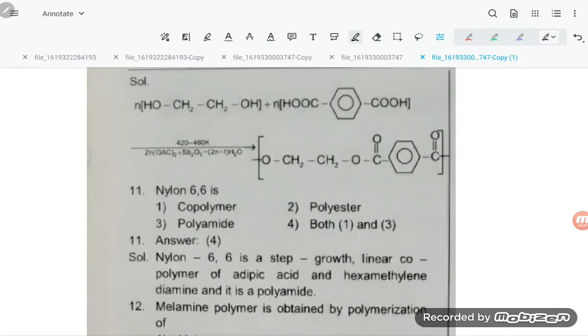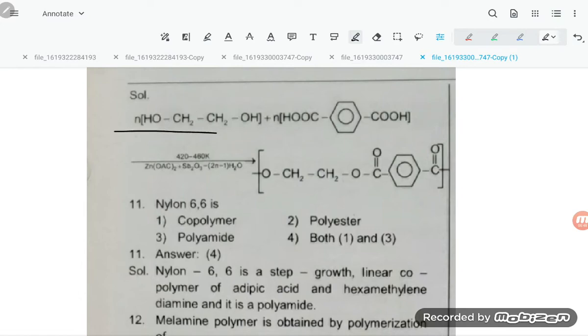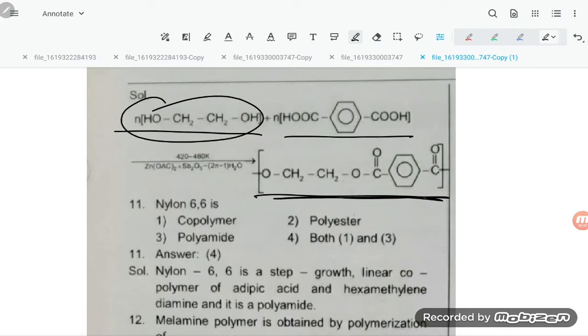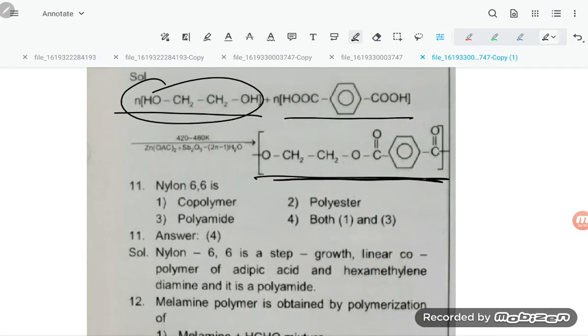This is the alcohol, and that is benzene 1,4-dicarboxylic acid, so it gives Dacron, students. Always keep in mind that ethylene glycol and benzene 1,4-dicarboxylic acid will give Dacron.